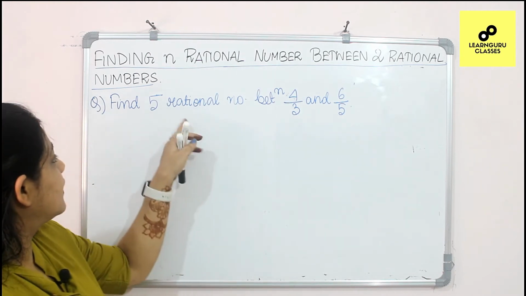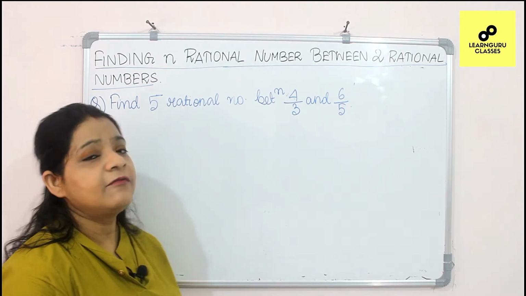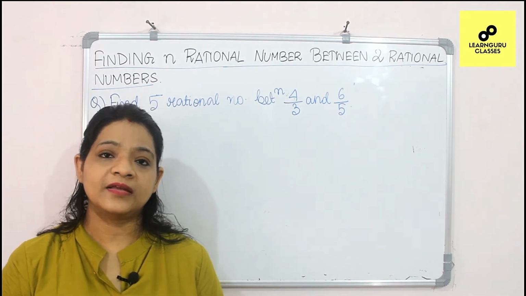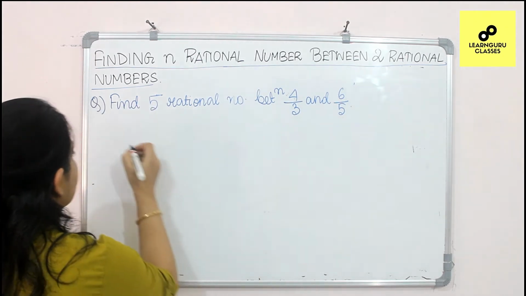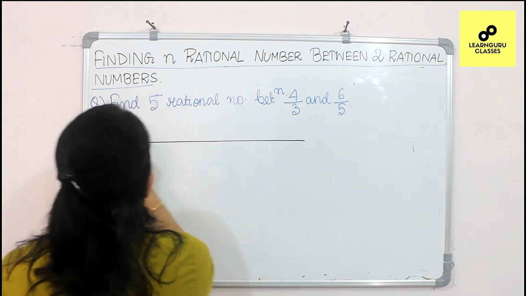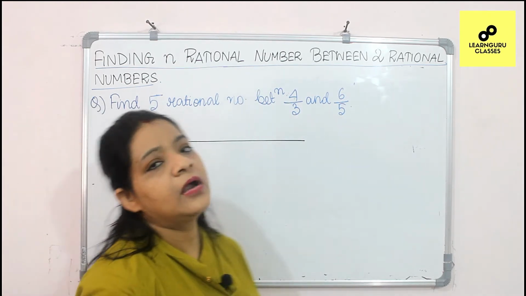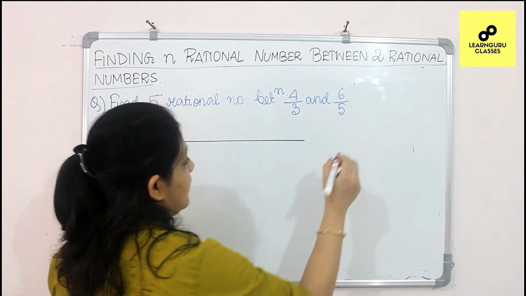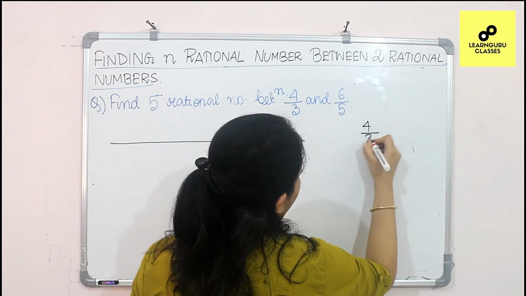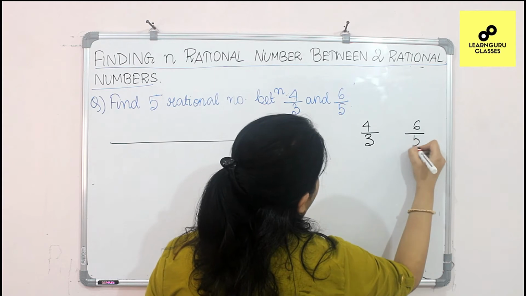The next numerical is, you are to find 5 rational numbers between 4 by 3 and 6 by 5. So as usual, you have to draw the number line. Now to decide which number is to be placed on the left hand side and which on the right hand side, for that we will go for cross multiplication.